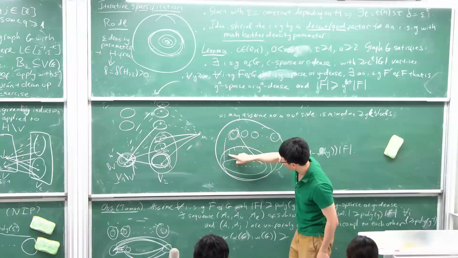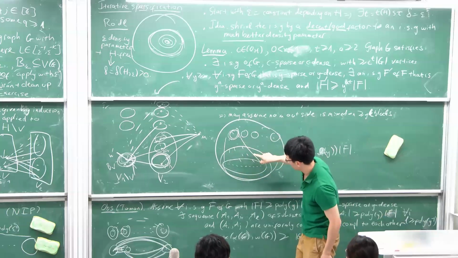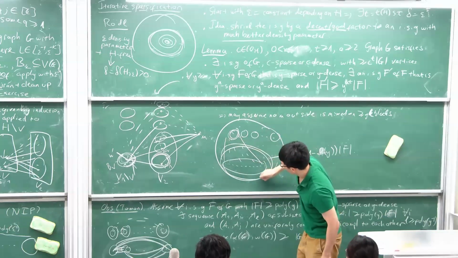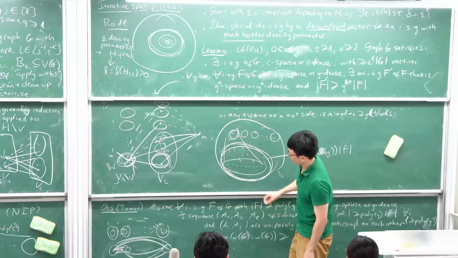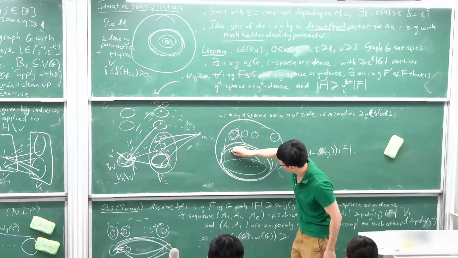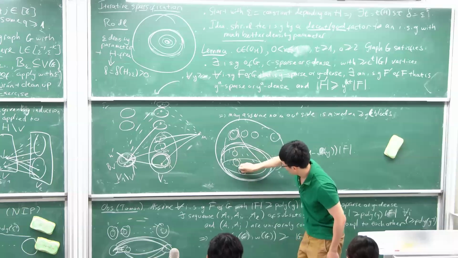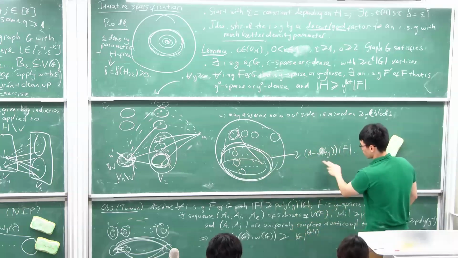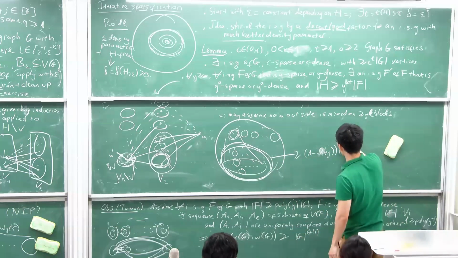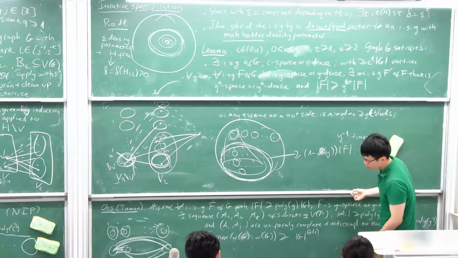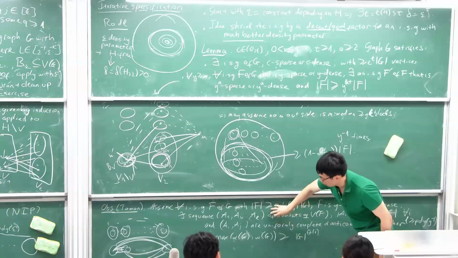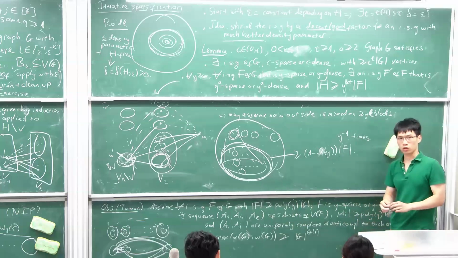I'm going to repeat the same procedure inside this huge part, and then I can keep going. And if I can keep going like this, and by looking at this expression, then I can do it for about y to the minus 1 times, which would lead me to this condition in the observation of Seymour.